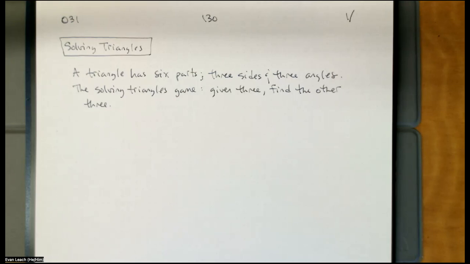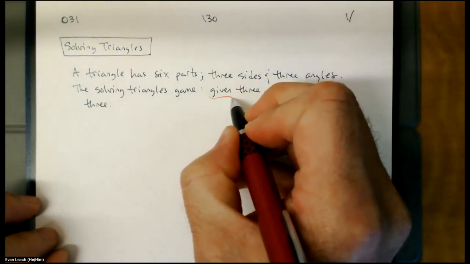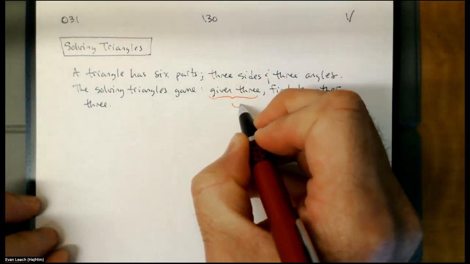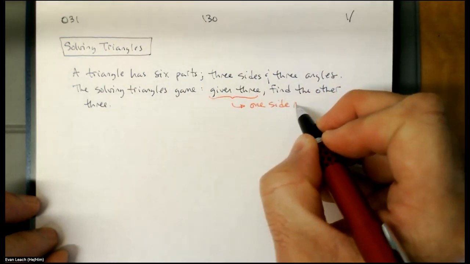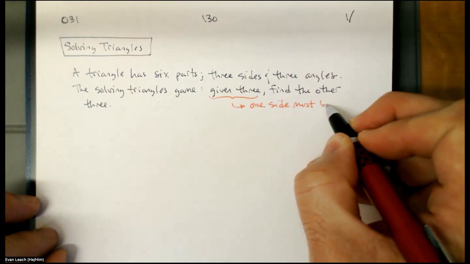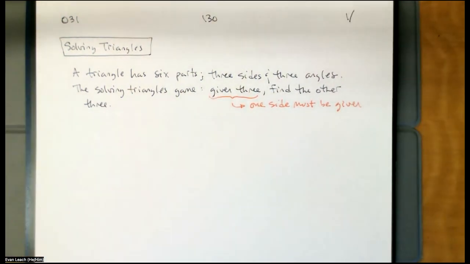Of the 3 given pieces of information, one of them has to be a side. So of the given 3, one side must be given.